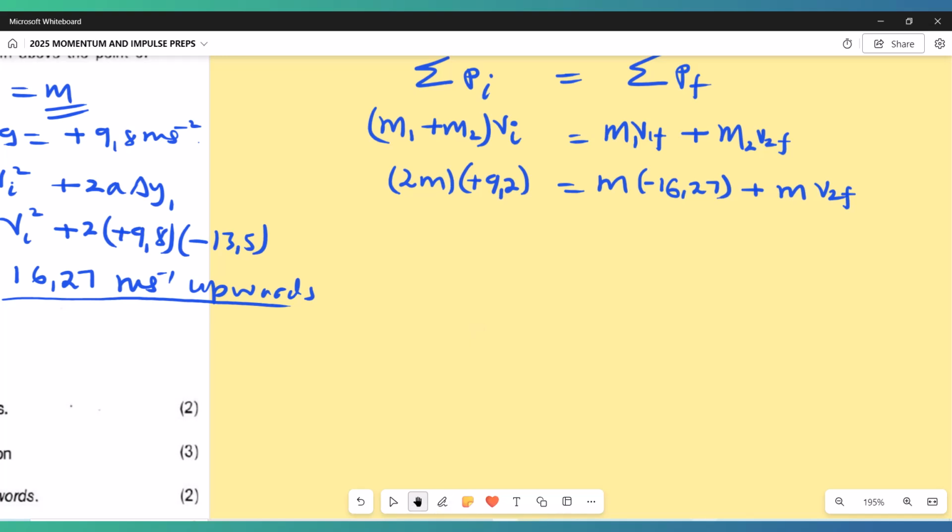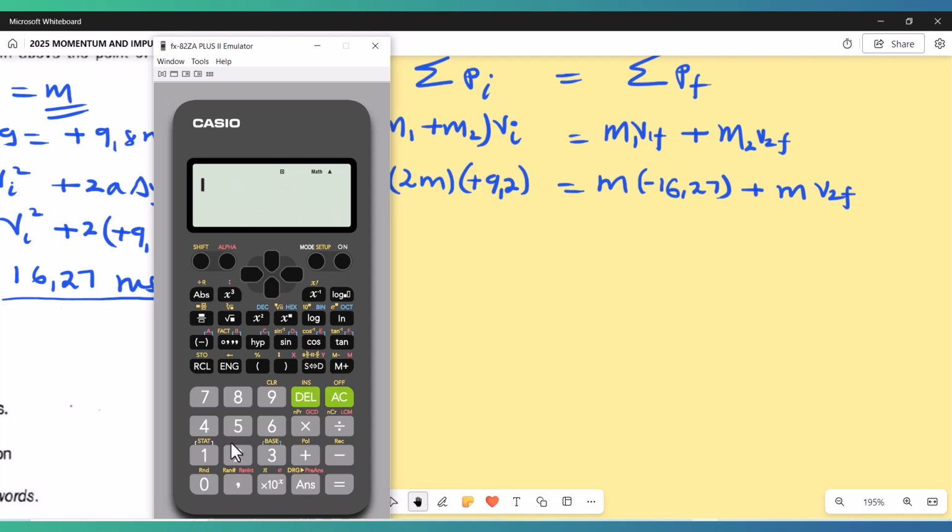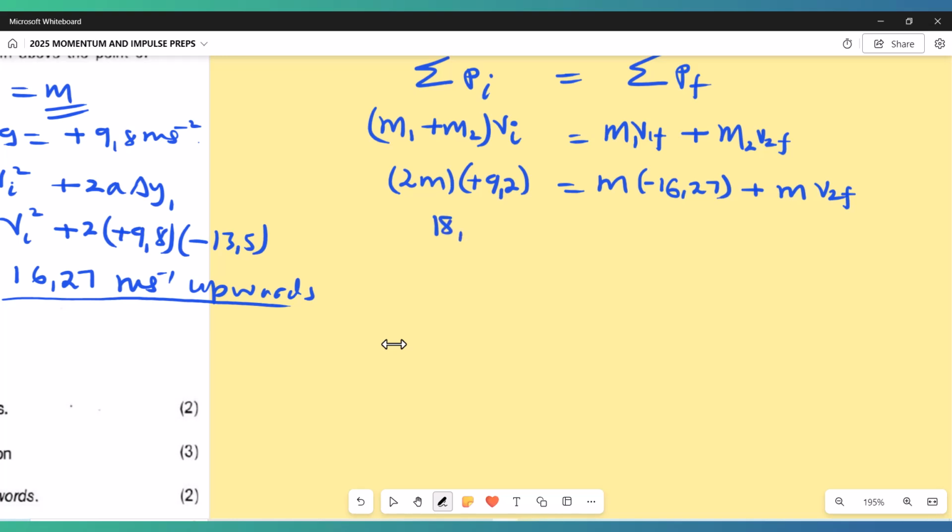What do you get, guys? 2 times 9.2 gives me 18.4 m, which equals negative 16.27 m plus m times v2 final.